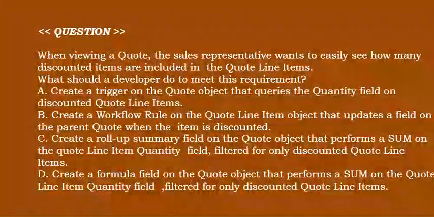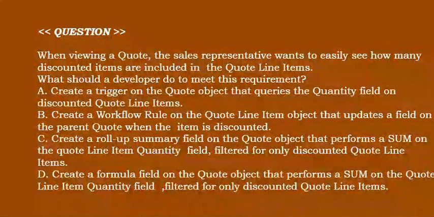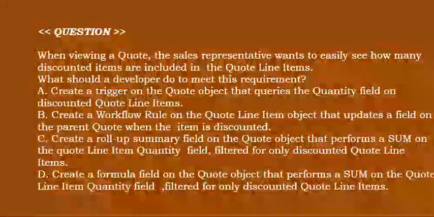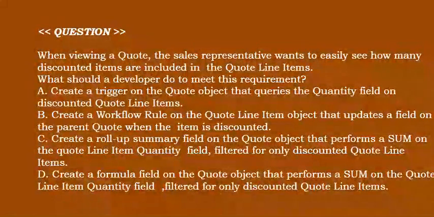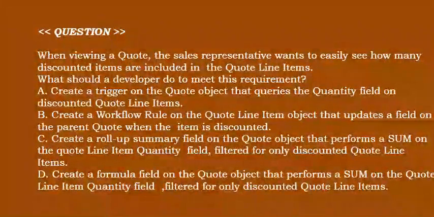Option C. Create a roll-up summary field on the quote object that performs a sum on the quote line item quantity field filtered for only discounted quote line items. Option D. Create a formula field on the quote object that performs a sum on the quote line item quantity field filtered for only discounted quote line items. Correct answer is option C.